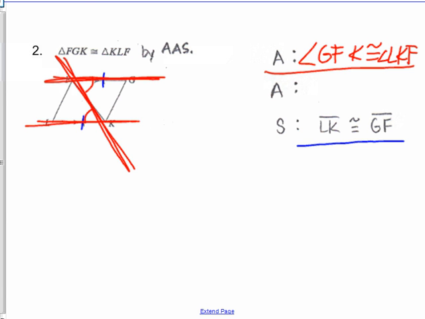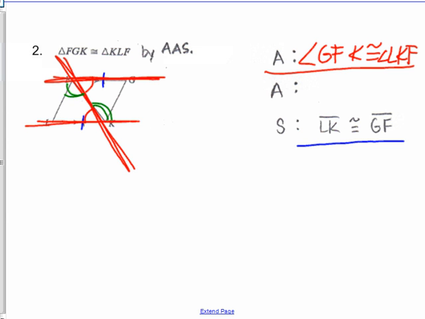So we need another angle statement. Well, we had the red angles are congruent. I can also say that these angles are congruent because they are also alternate interior angles.